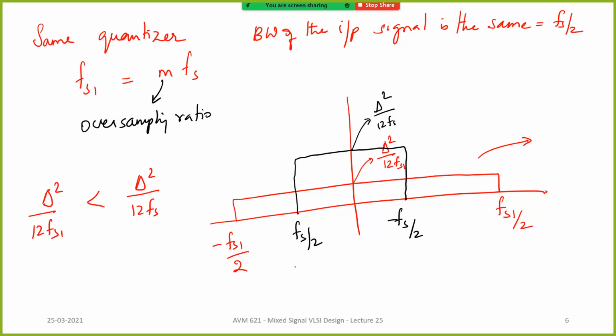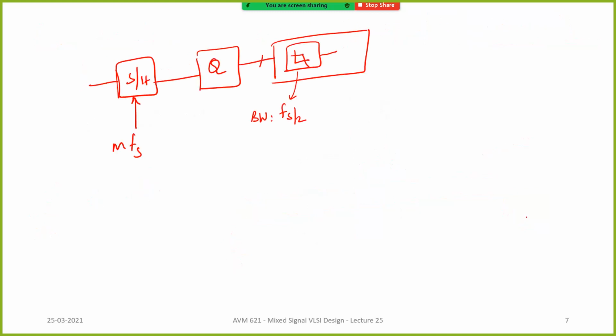I can, because my input signal bandwidth is Fs by 2. There is nothing else beyond Fs by 2. My anti-aliasing filter before this, let me call it AAF, has a band of Fs by 2 only, so it has cleared out everything beyond Fs by 2.